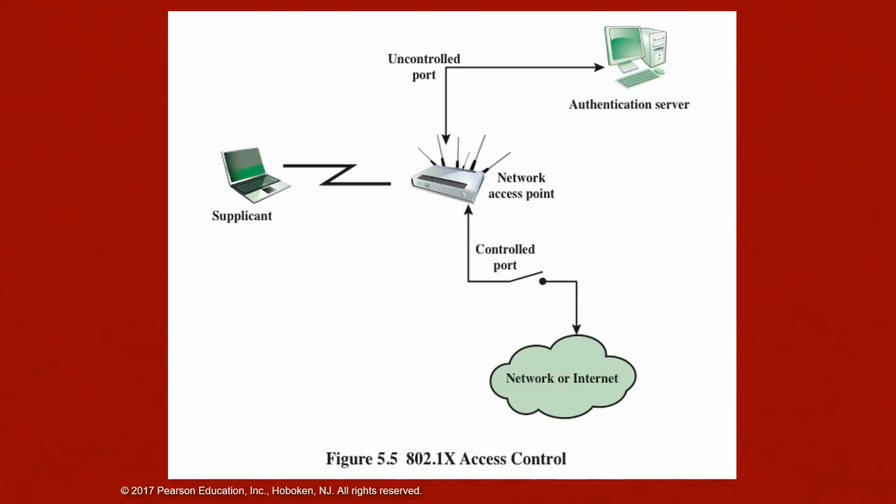An uncontrolled port allows the exchange of protocol data units between the supplicant and the AS regardless of the authentication state of the supplicant. A controlled port allows the exchange of PDUs between a supplicant and other systems on the network only if the current state of the supplicant authorizes such an exchange.